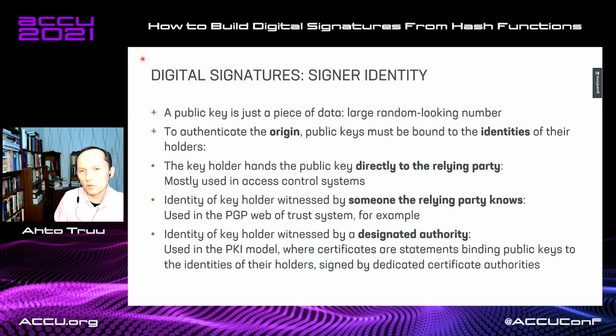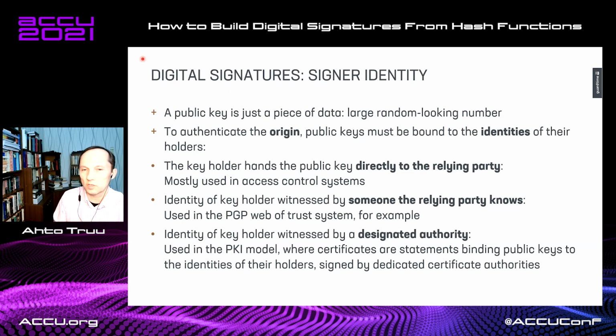One thing that we also have to mention, even though this is outside of the actual digital signature algorithms from the cryptographic point of view, and is on the next level of the protocol, is that we also need to have some way of establishing the signer identity. A public key is just a piece of data.